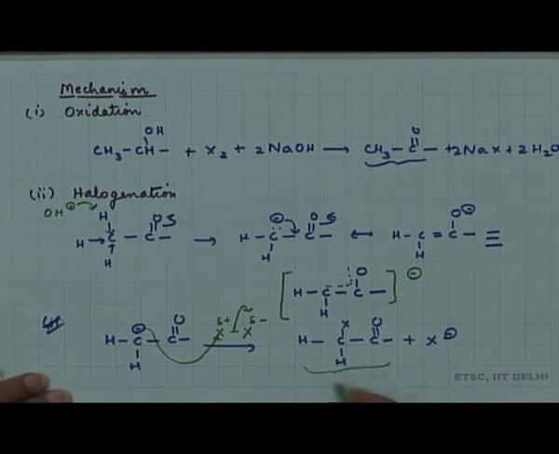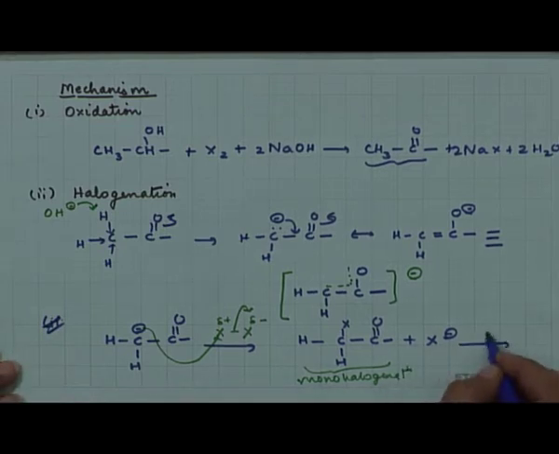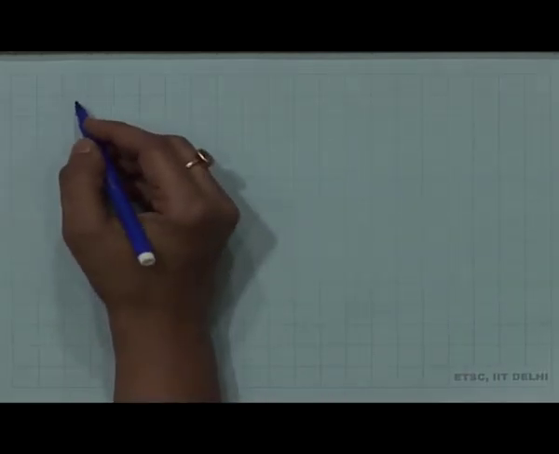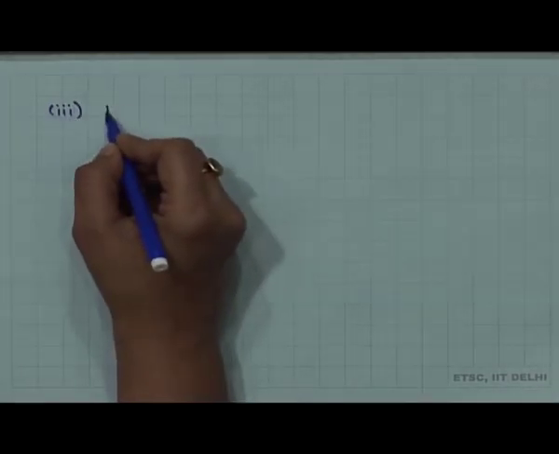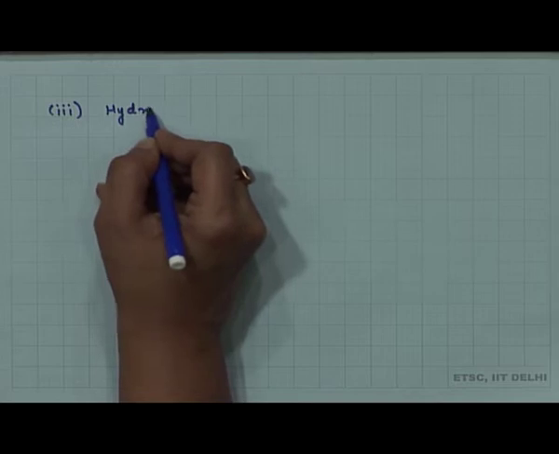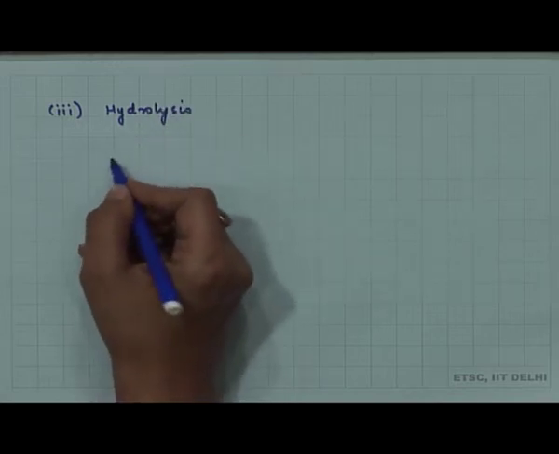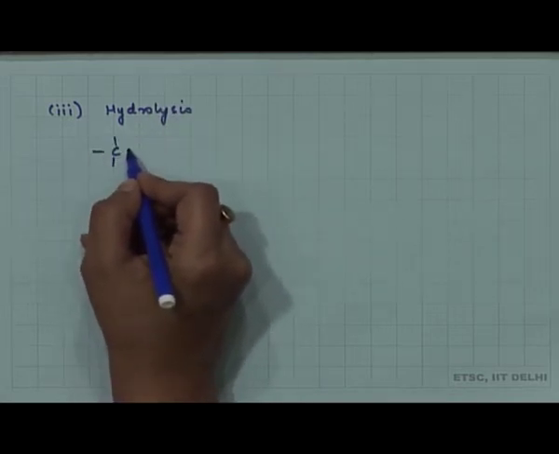Then this subsequently undergoes halogenation twice with 2 molecules of halogen, and finally it gives you the trihalogenated compound. So, this happens 3 times successively in the halogenation step, so that finally you get the trihalogenated product, which undergoes hydrolysis in the next step.